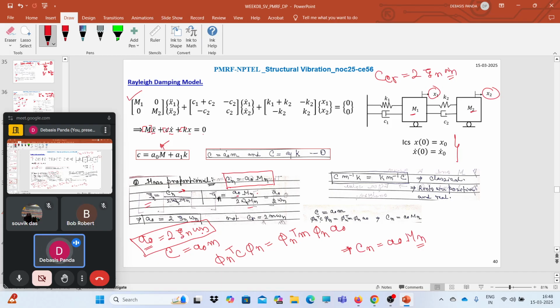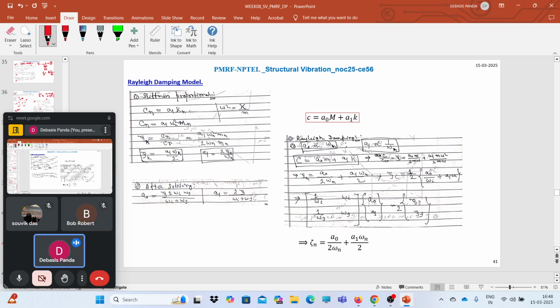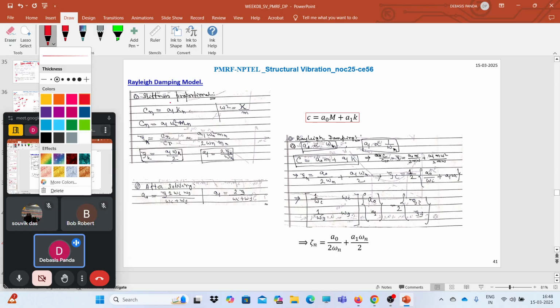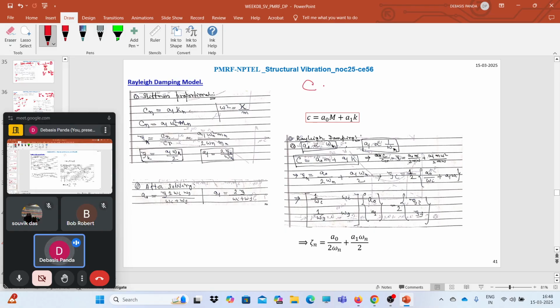Now we haven't completed it. If we want to establish the stiffness relationship, the second part, the model was C is equal to a0 M plus a1 K. For the first part, a0 we have calculated. Now we need to look for a1. What is the relation between a1 and zeta?